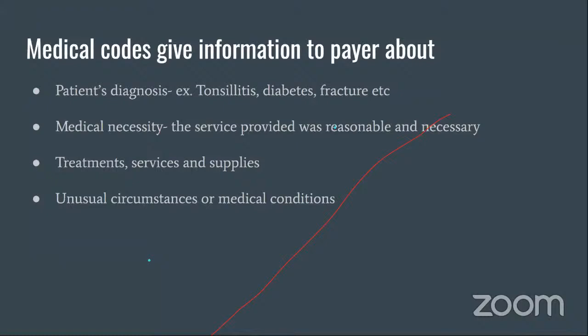Did the patient simply come walking, or did the patient come in a wheelchair? How bad was the complaint when the patient came? These are special circumstances or certain conditions that are communicated when medical codes are given to the insurance company.